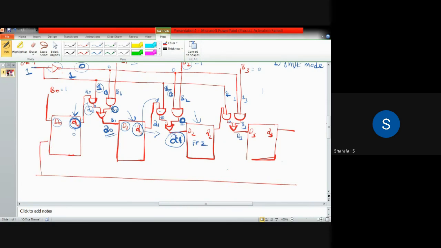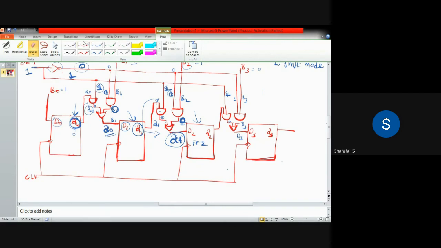You will have that clock pulse like this, connected to each and every flip-flop in this case. After this, the shifting will happen.